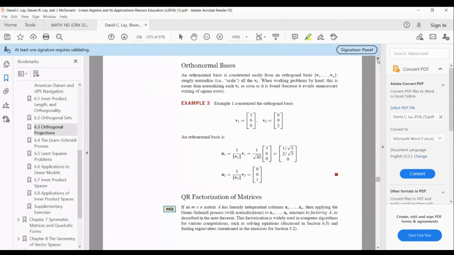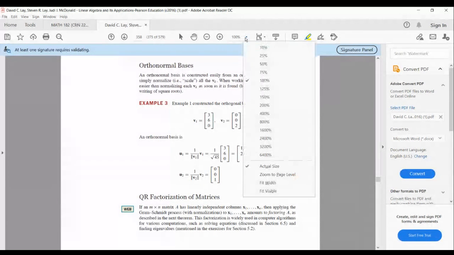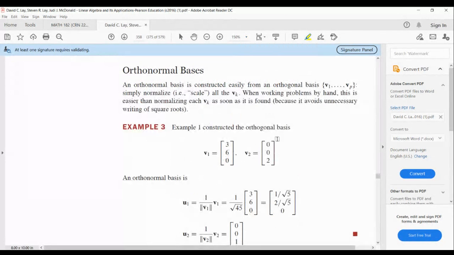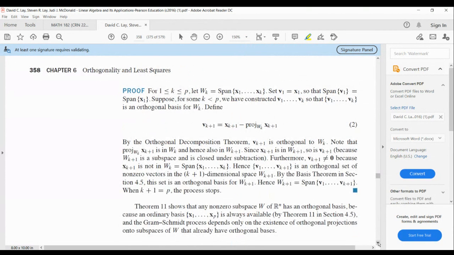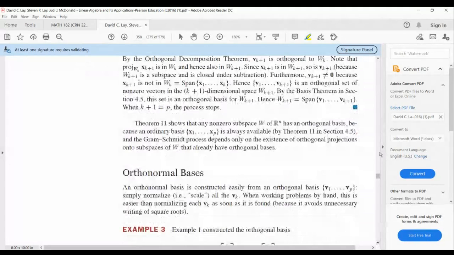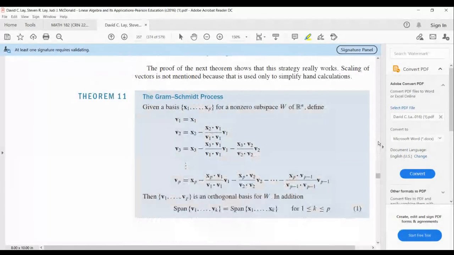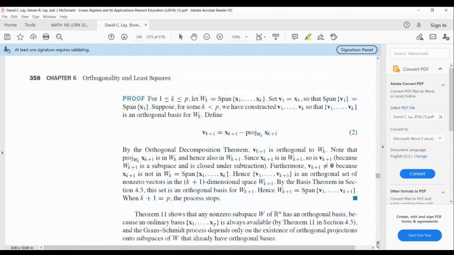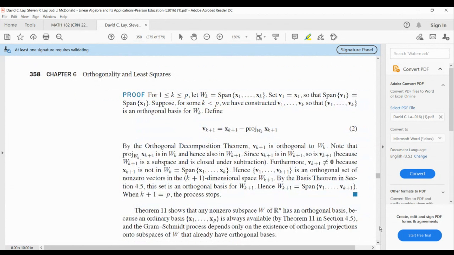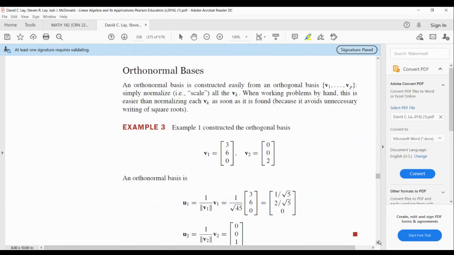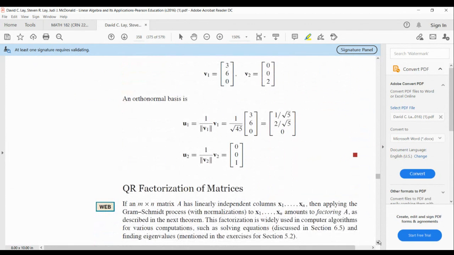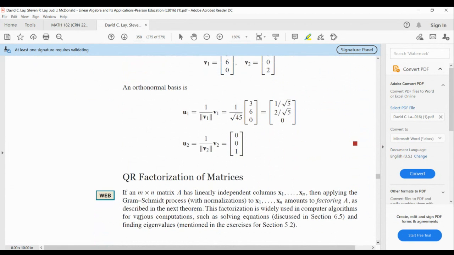Okay, there was our Gram-Schmidt process, right? QR factorization of matrices.